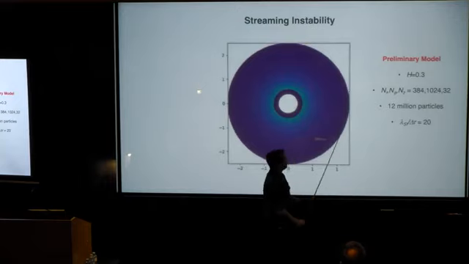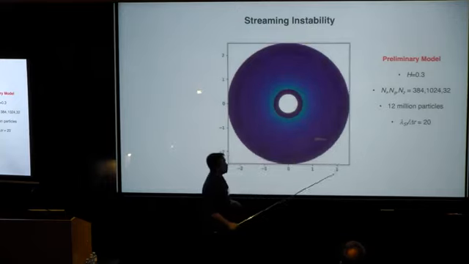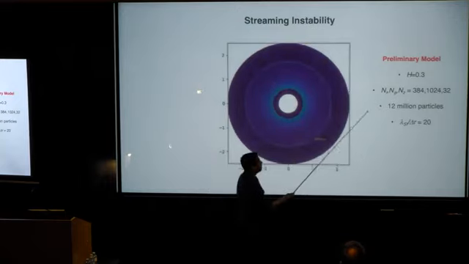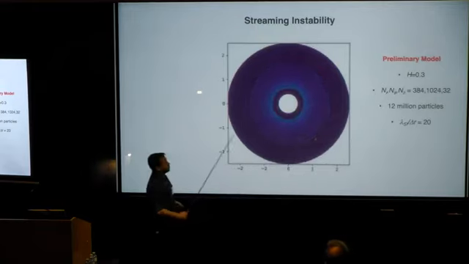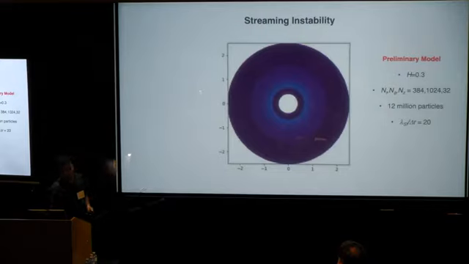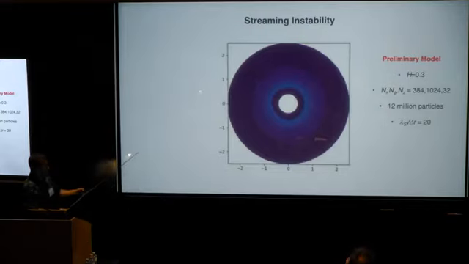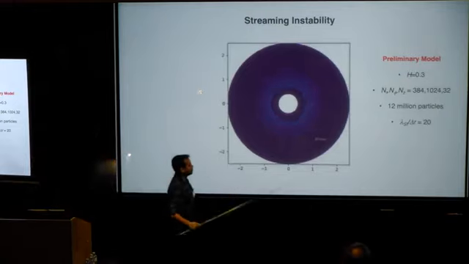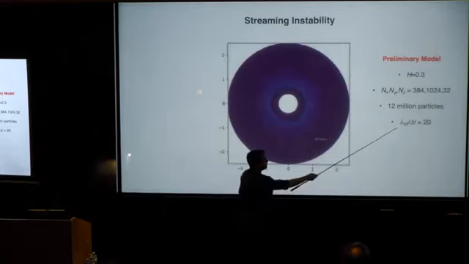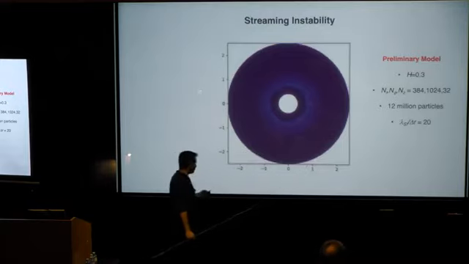And to get the wavelength resolved, we had to go to a very high aspect ratio of 0.3 here. So that's unrealistic, but that's just a preliminary model. This model had 12 million particles, and we could resolve here the streaming wavelength with 20 grid points.